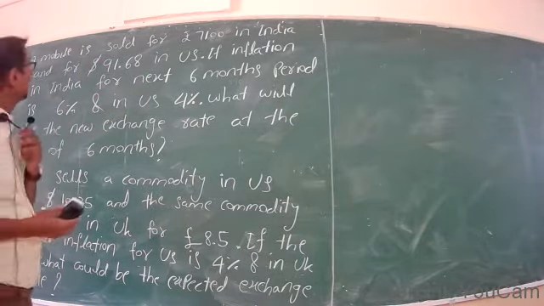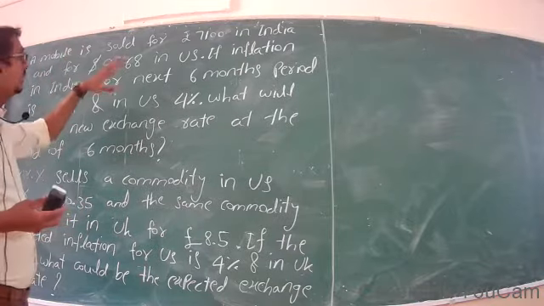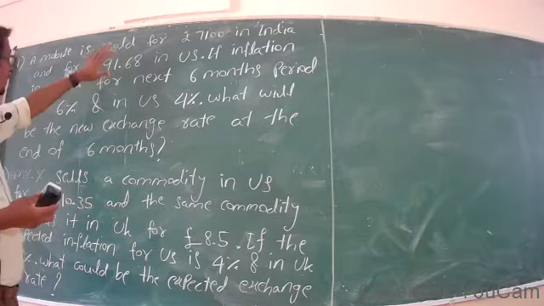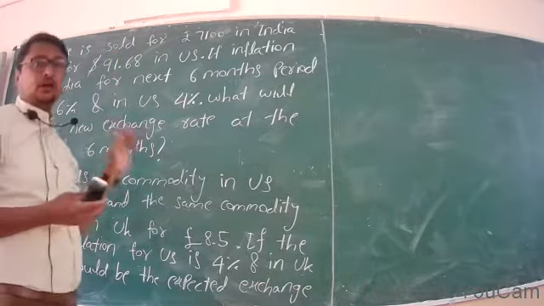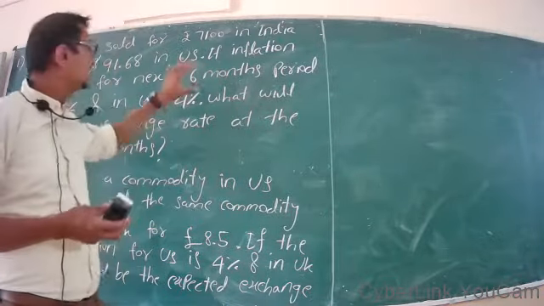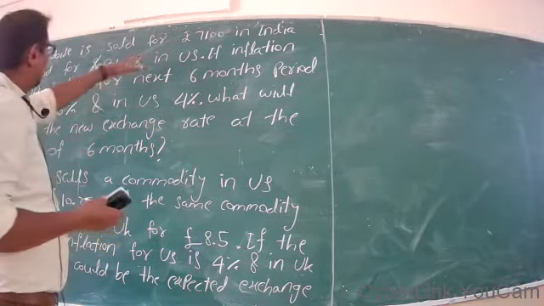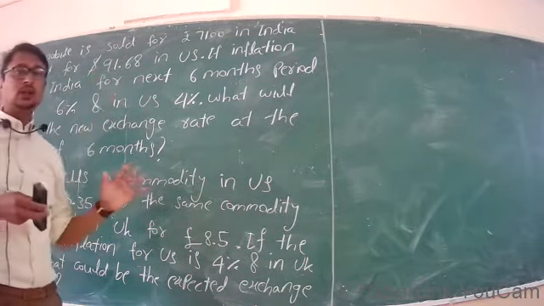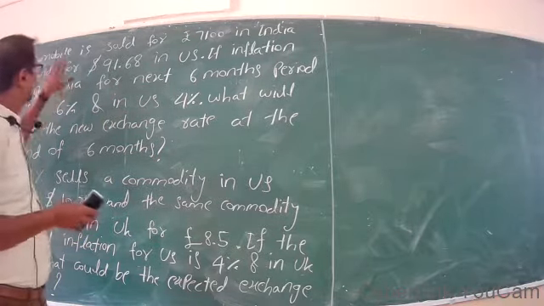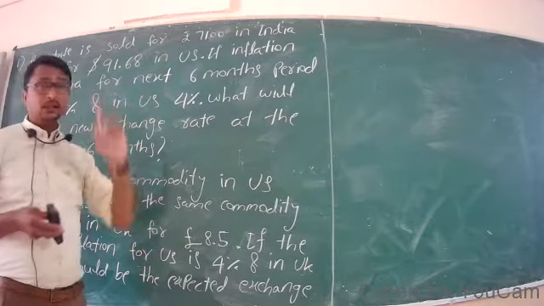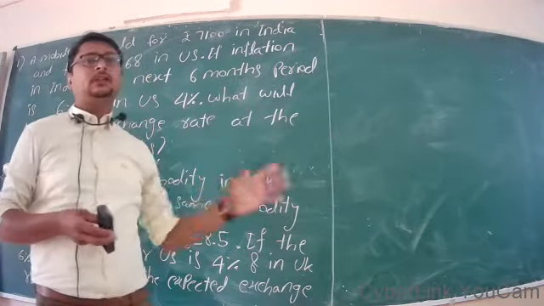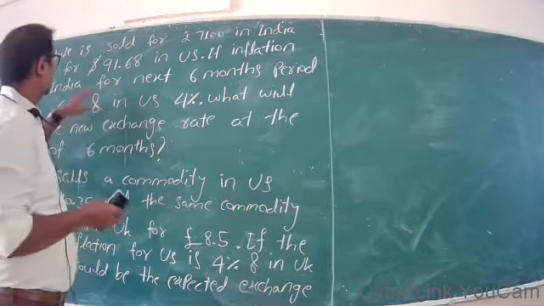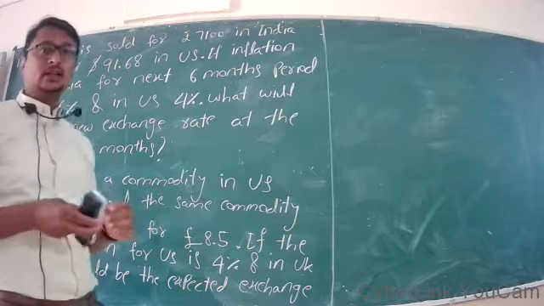Here in the given problem, we need to calculate under both the absolute version and the relative version, because P0, the spot rate or prevailing market rate, is not given in this problem. So on the basis of a common good used in both countries, in this problem the mobile, a single piece of mobile is worth 7,100 rupees in India, and the same phone is worth $91.68 in the US.